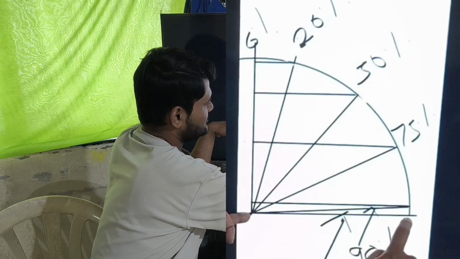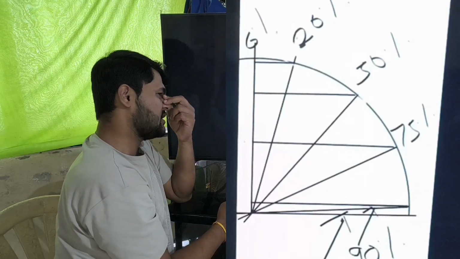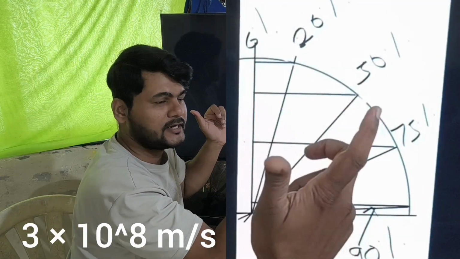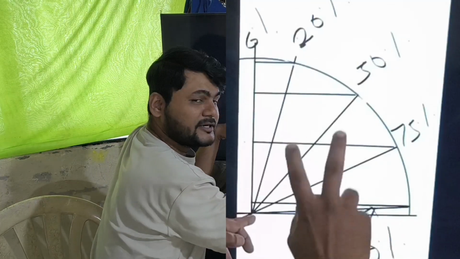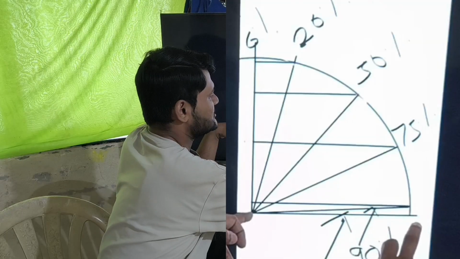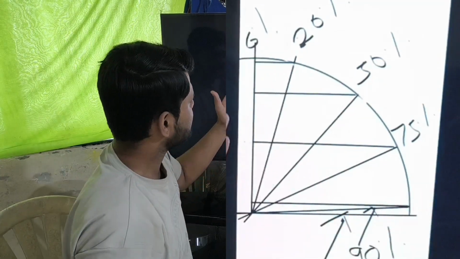When you start traveling at 100% of the speed of light, that means you are traveling at the universal speed limit, that is 3 × 10^8 meters per second. That means you are going to travel only in this axis, the space flow axis, and you are not going to travel in the time flow axis.